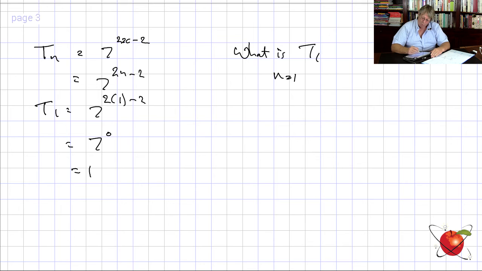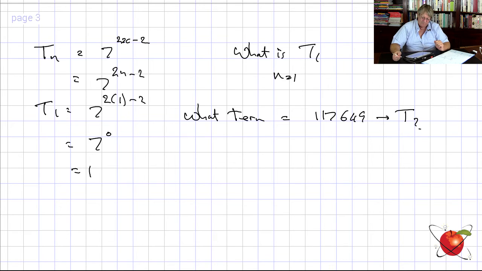What term is equal to 117,649? So they want to know n. Remember, Tn is equal to 7 to the power of 2n minus 2.